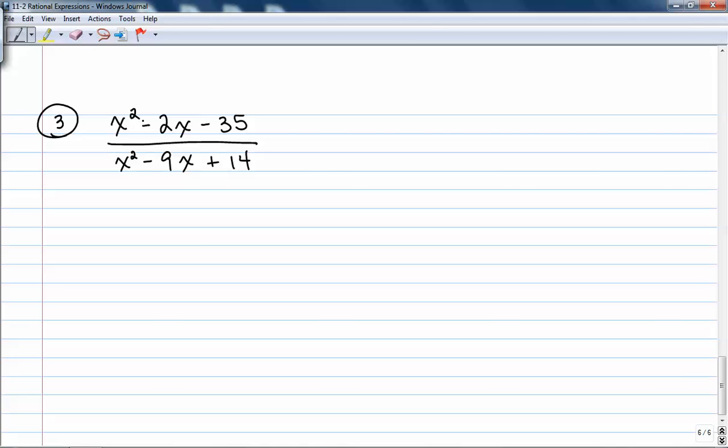But the x squareds are being added and subtracted with other stuff. Simple rule to remember is that you can only cancel stuff that's being multiplied. You can only cancel stuff, factors, that are being multiplied.